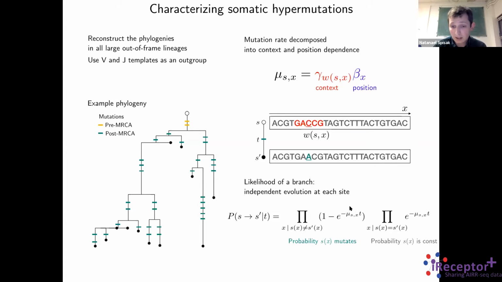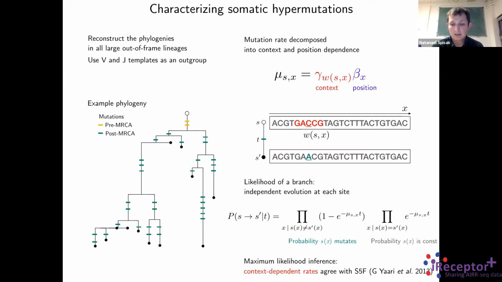And here, again, the mutation rate is a product of the context-dependent times position-dependent mutabilities. And we can maximize this likelihood going over all branches in all lineages that we reconstruct from the data.